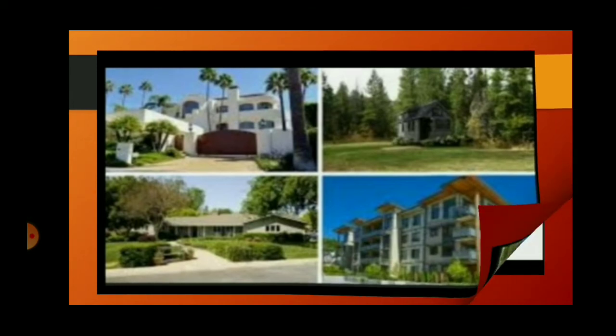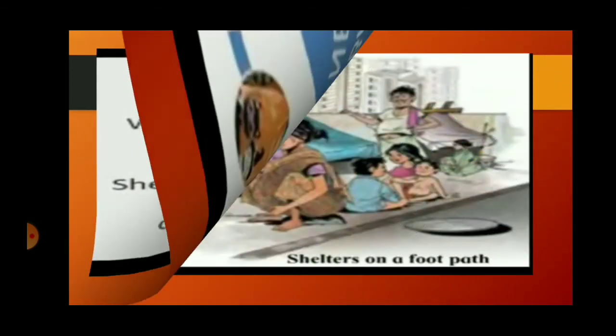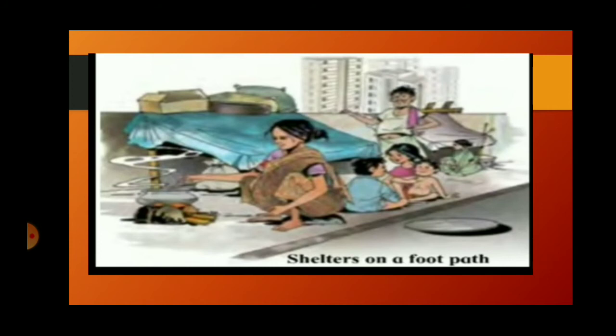Okay, but see children, water, food, clothing and shelter are the basic needs of every human being. However, these needs are not fulfilled in the case of each and every person. So the following situations arise. Around us, we see many people who lack shelter.